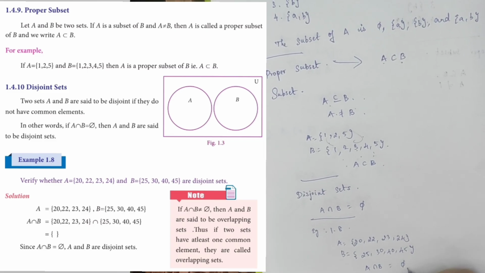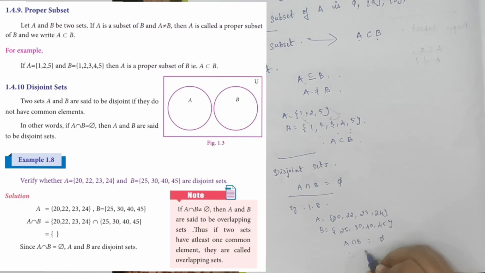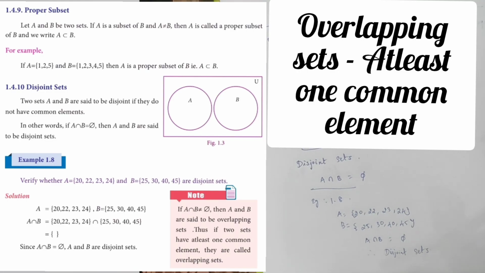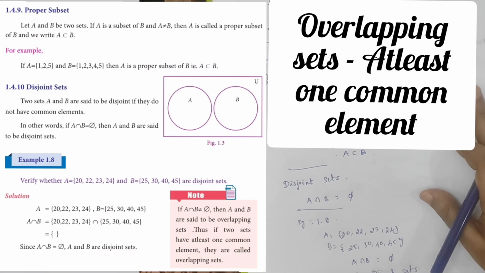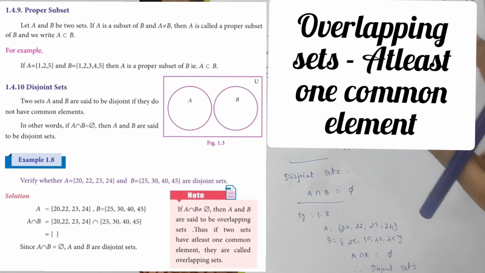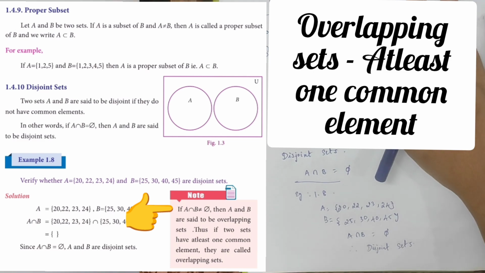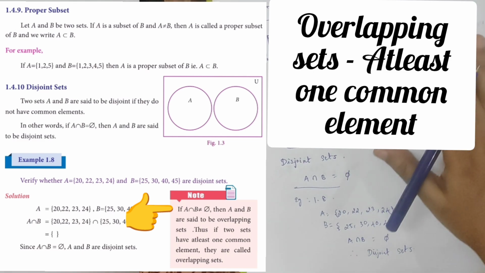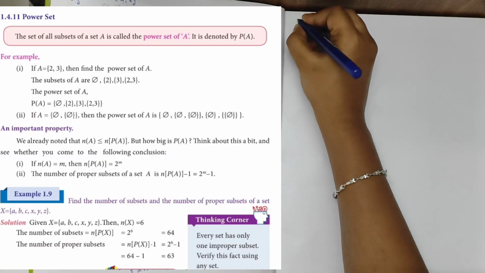Therefore A and B are called disjoint sets. And two sets A and B are said to be overlapping if they have at least one common element. In other words, if A intersection B is not equal to the null set, then A and B are said to be overlapping sets.